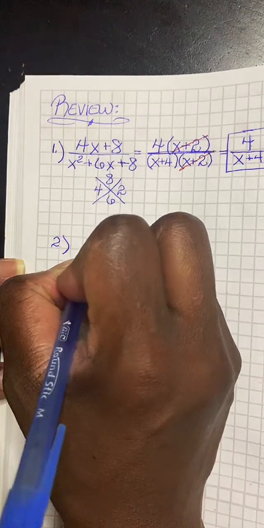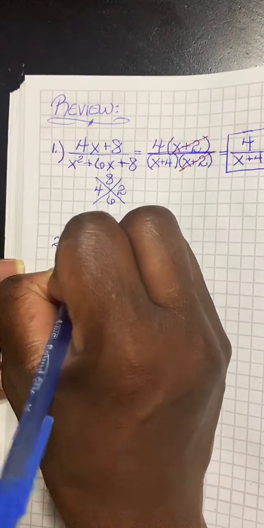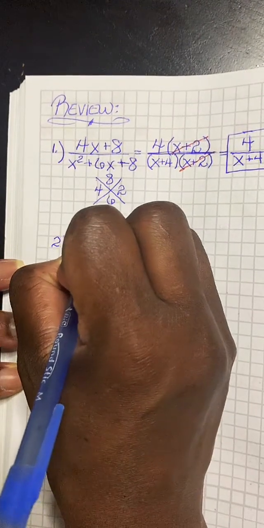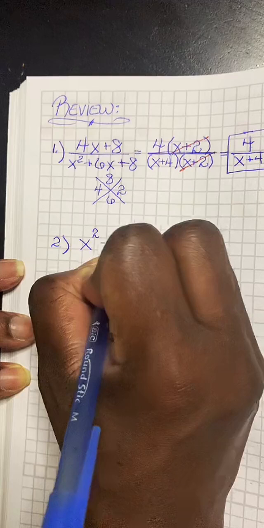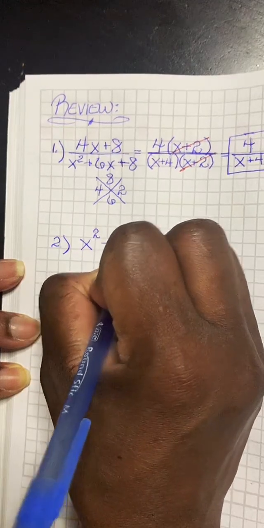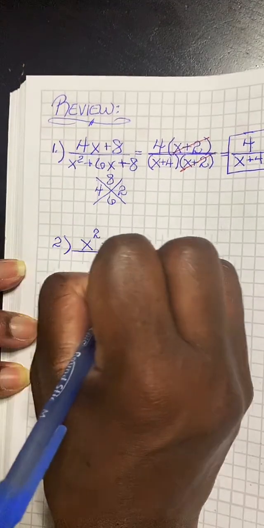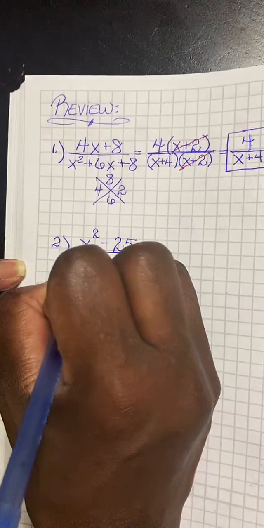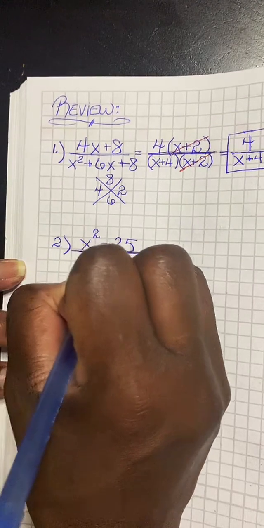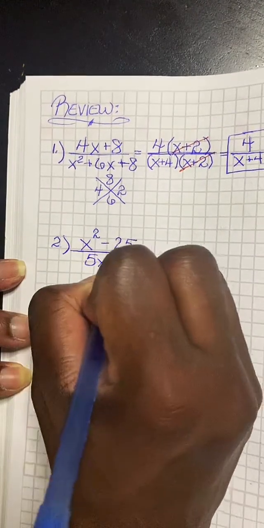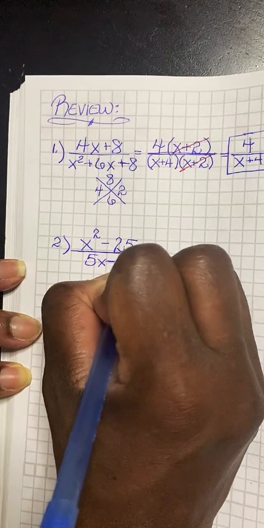So we have, let's say, x squared minus 25. Because everyone's always like, you always do some easy stuff. All right, well, let me stimulate your mind for a second. So then we have 5x minus x squared.